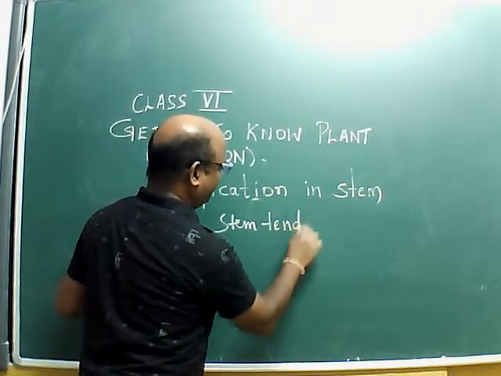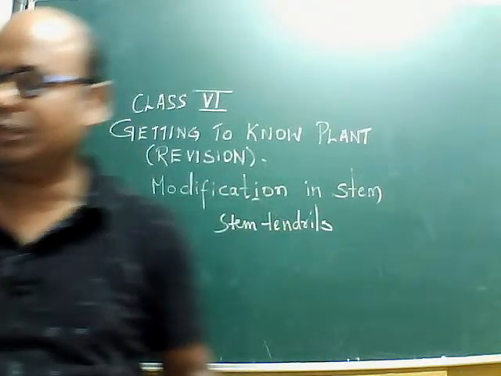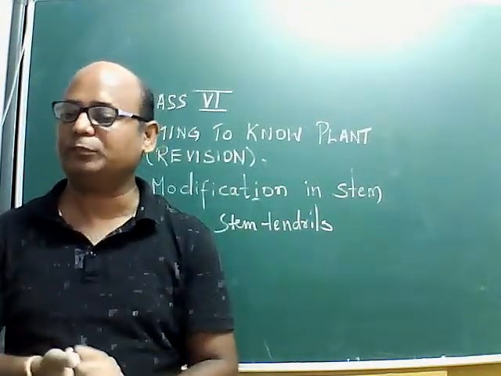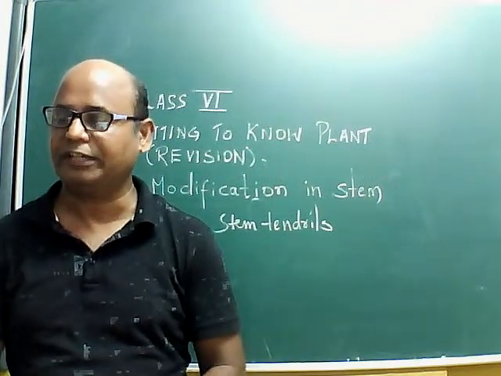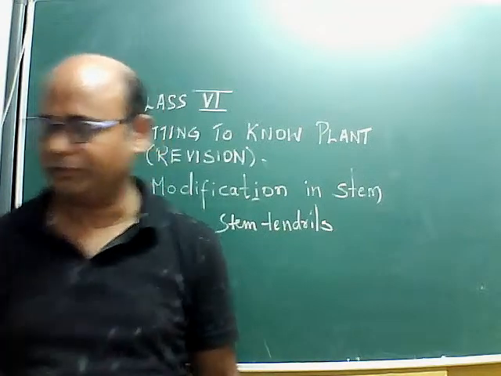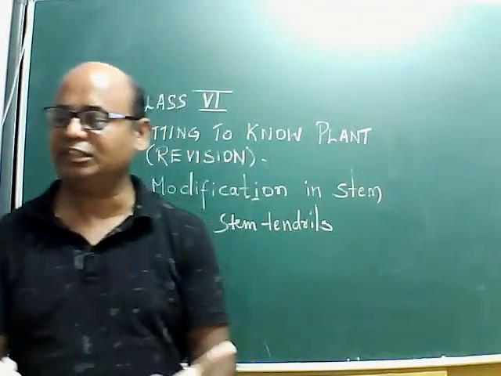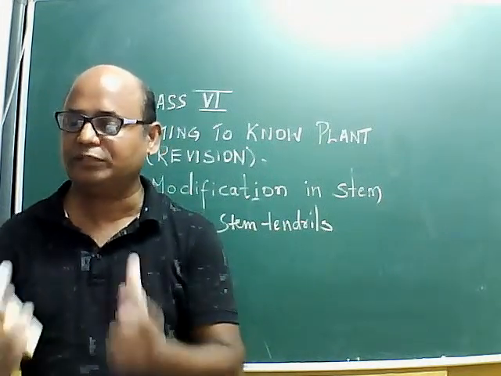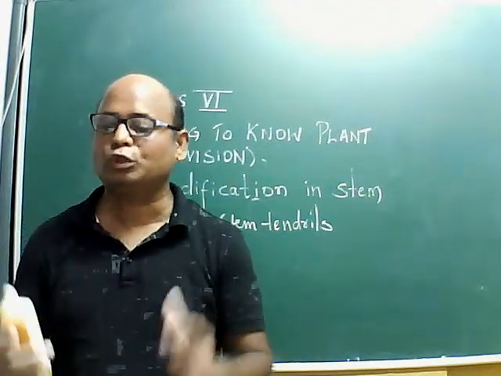These we find in climbers and creepers, where the stem is modified into tendrils to give extra support to the plant. So these three modifications we find in the stem. In ginger, onion and potato, the stem is modified into underground thick swollen structures to store food.